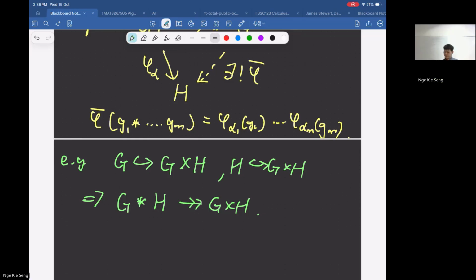The first one is free, the second one is just the normal product.